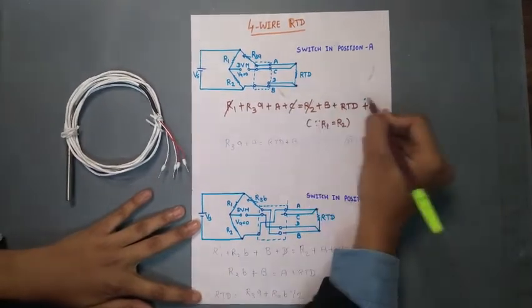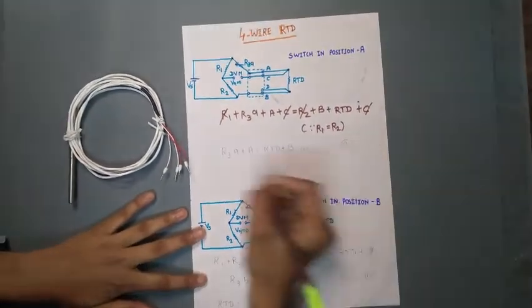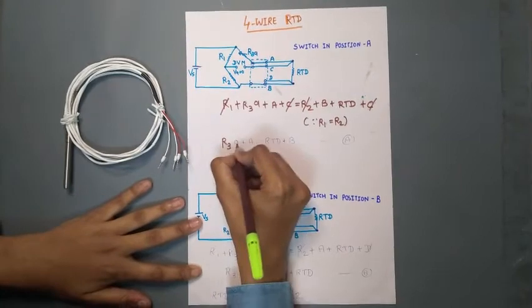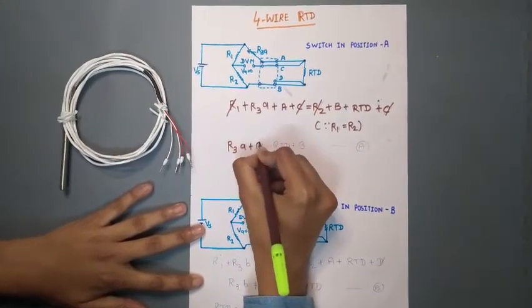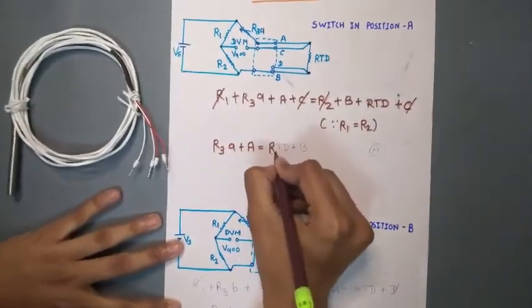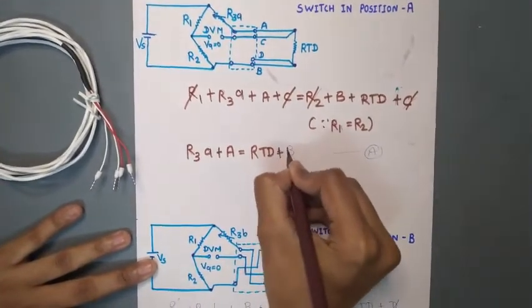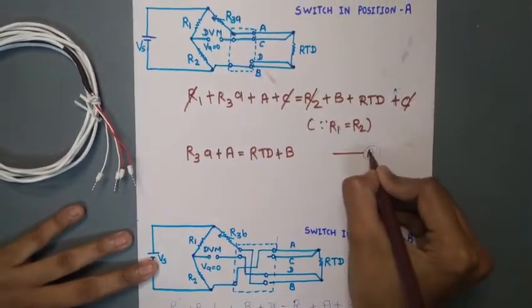Also C and C got cancelled. So here R3A is equal to RTD plus B. So this is equation A.